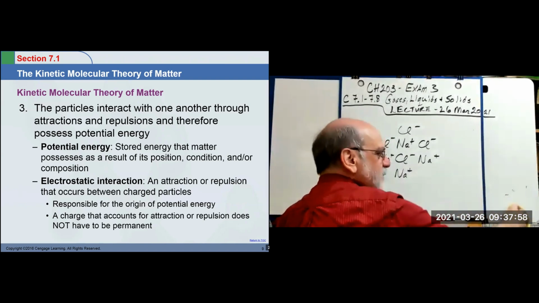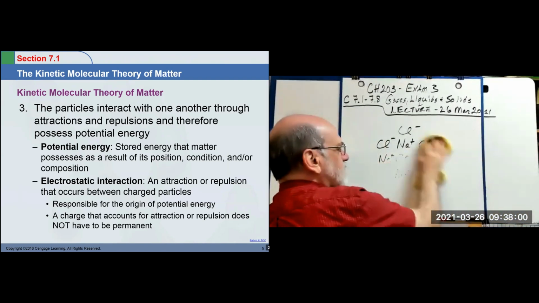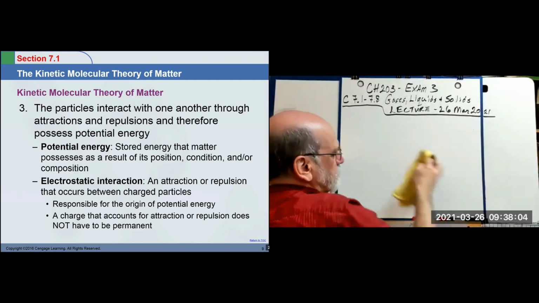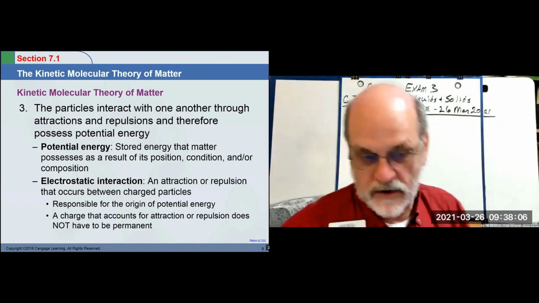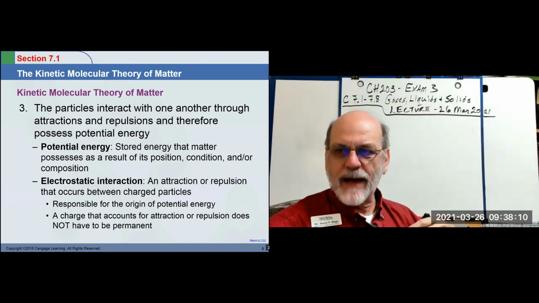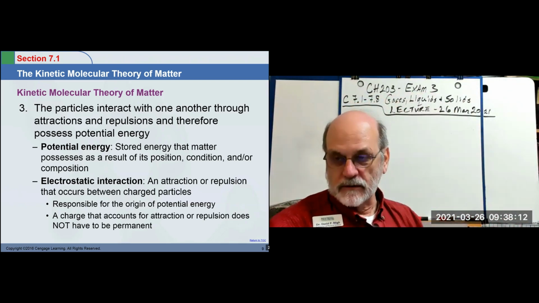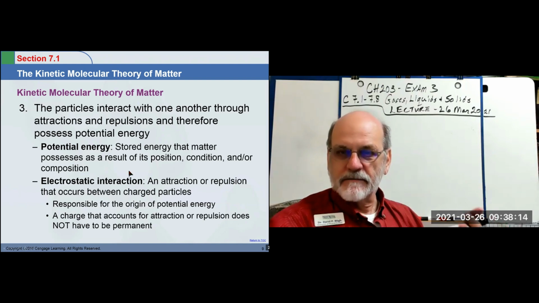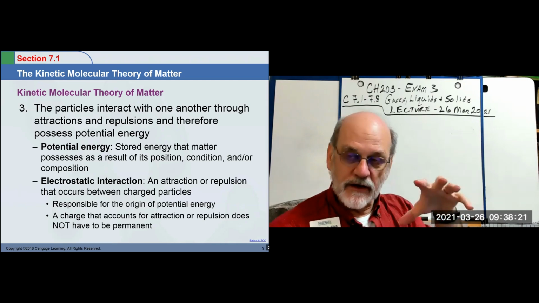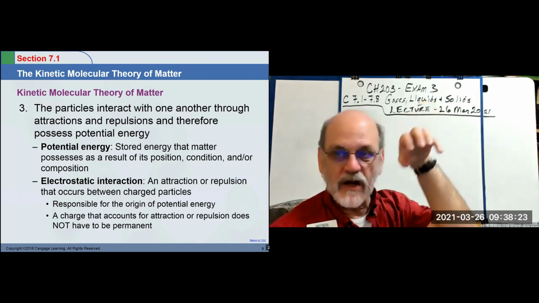And that's one type of interaction, the electrostatic attraction. There are weaker attractions if there are no charges, but perhaps your molecule is polar. That is, the electron density for the molecule is slightly shifted to one side of the molecule.